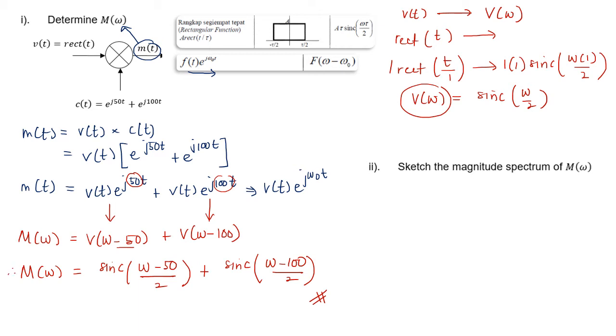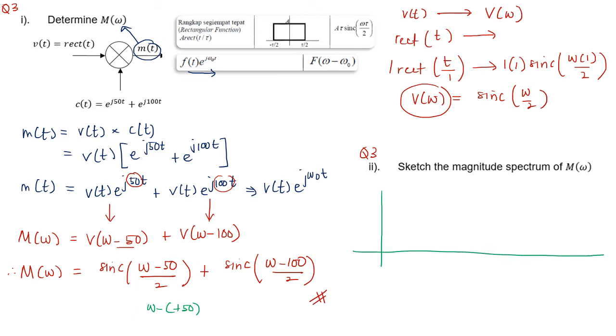Next, this is question 3 part 1, and this one is question 3 part 2. Sketch the magnitude spectrum of M(omega). You have M(omega) in sinc function shape, so the signal is shifted to the right by 50, so it is omega minus positive 50.